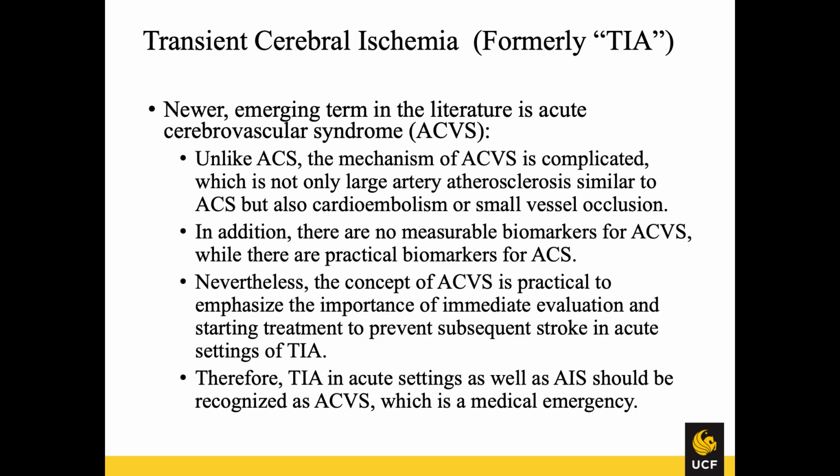Unfortunately, we just don't have that luxury in the brain. We don't have any real measurable hormone or biomarker that the brain gives off when it becomes ischemic. But nevertheless, the concept of this ACVS is practical to emphasize the importance of immediate evaluation and starting treatment to prevent subsequent stroke in acute settings of TIA.